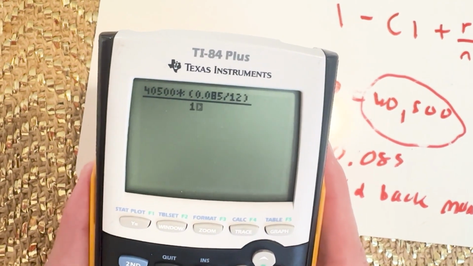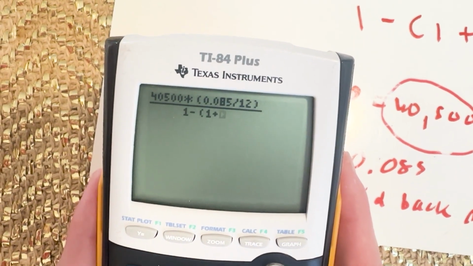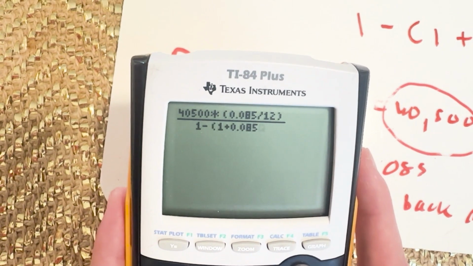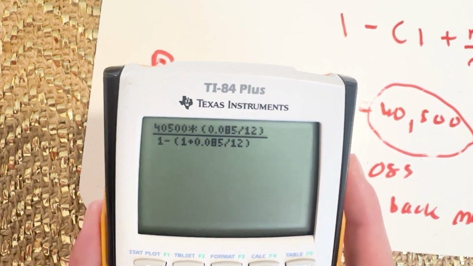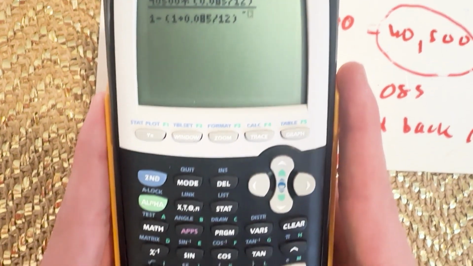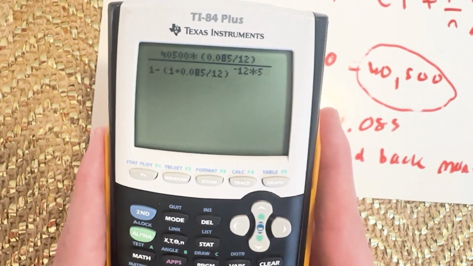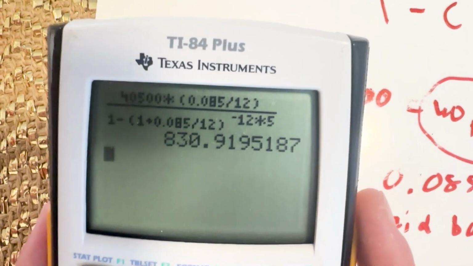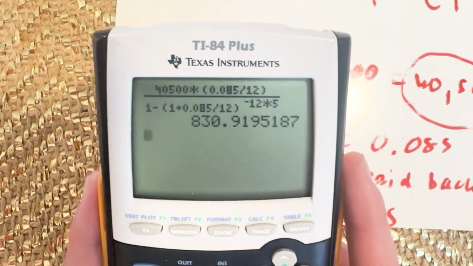And then 1 minus 1 plus 0.085 divided by 12, parenthesis, and then you're going to want to do this. So negative 12, which is your months again, then times 5, which is how many years it's going to take for him to pay it off. And your total car payment is going to be $830.91.